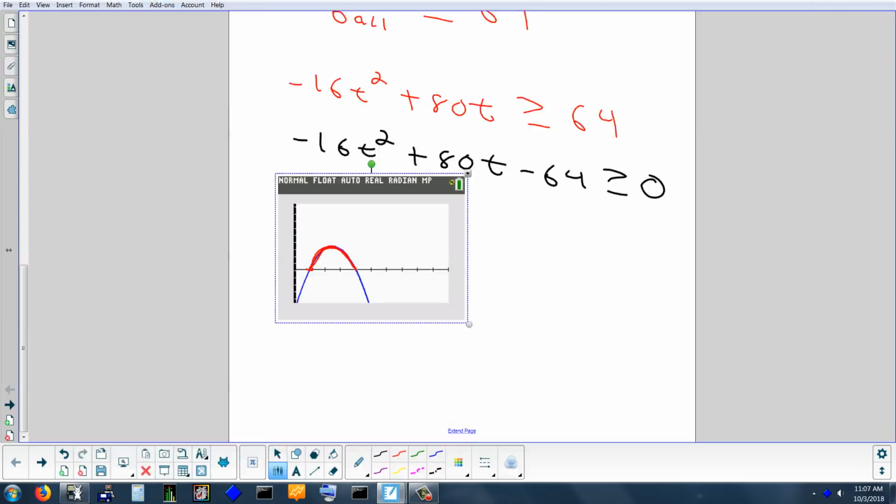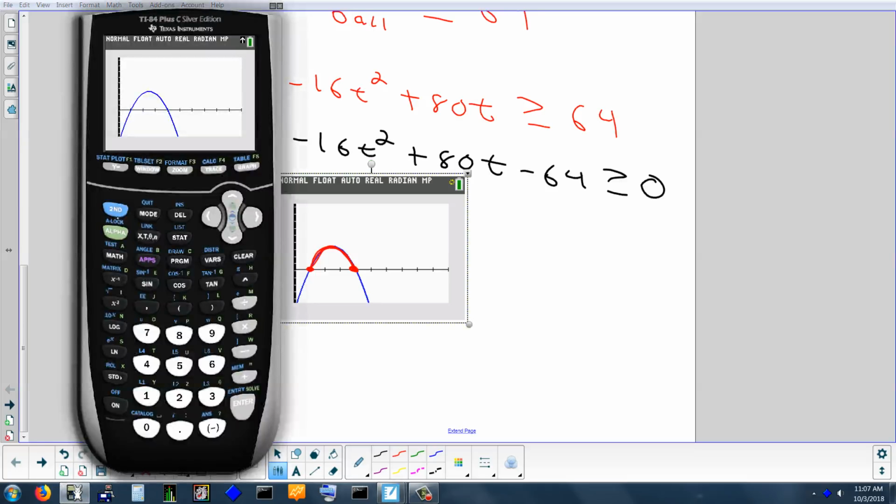So how would I find this point and that point? What would I have to do? Oh, Emma? 0. Yeah, we're going to calculate a 0. So second calc, 0. Okay, I'll do the one on the right.